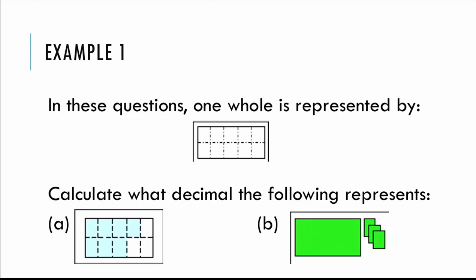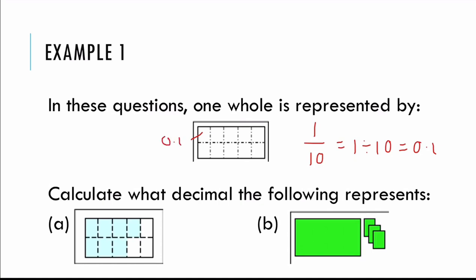In these questions, one whole is represented by this bar split into 10. Remember a fraction just means 1 divided by 10, so each small bit is 0.1. Each one of these small sections is 0.1.